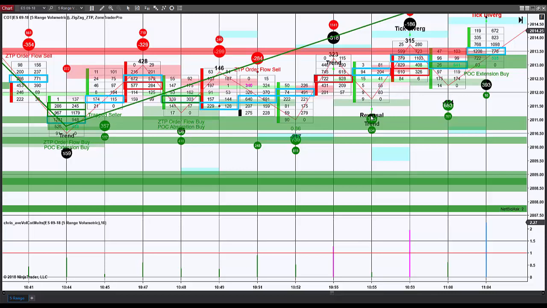What I find kind of interesting in here is if you look at the order flow on the sell side down, there were practically no contracts that took this down. And that is a concept called no supply.